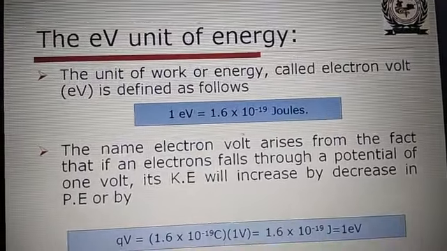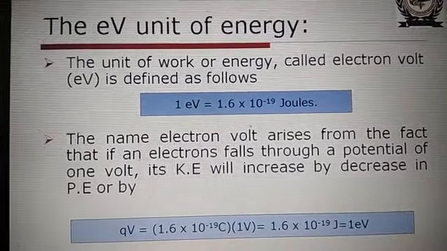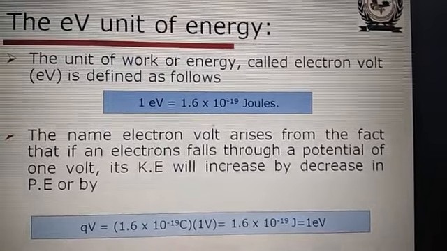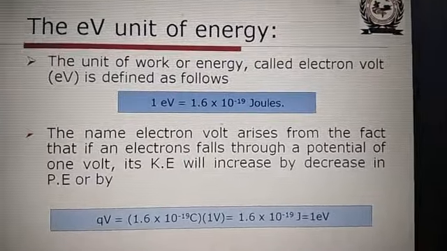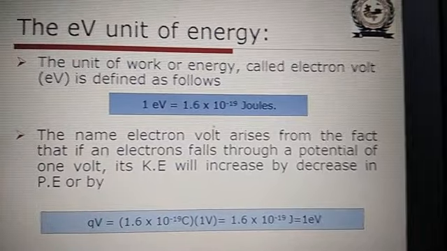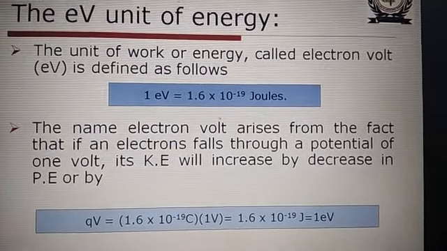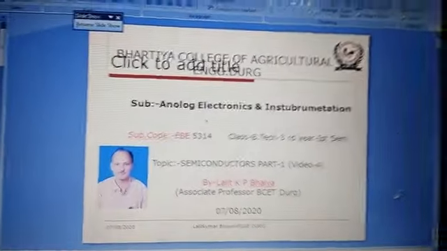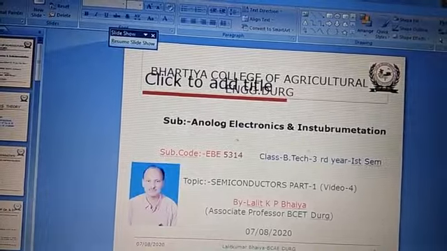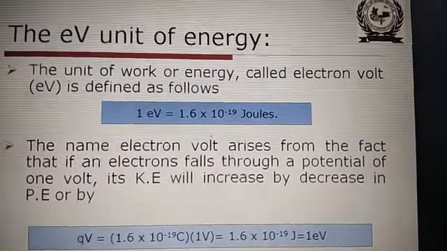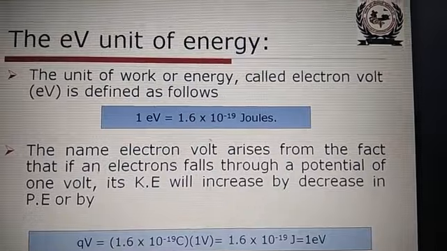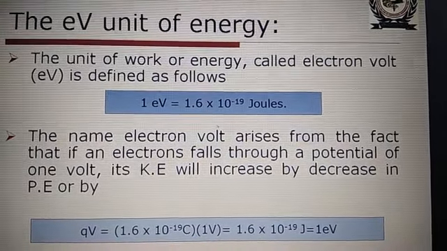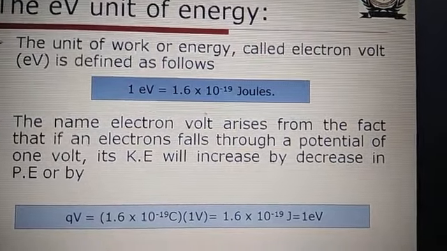Then the electron volt unit of energy. The unit of work or energy called the electron volt is defined as follows: 1 eV is equal to 1.6 into 10 raised to minus 19 joules.